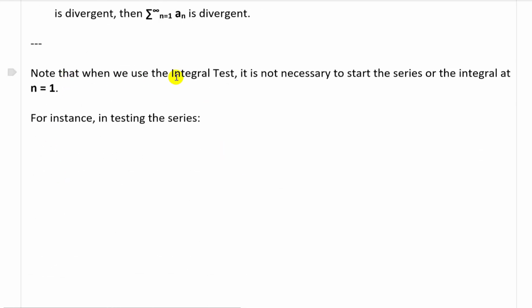Note that when we use the integral test, it is not necessary to start the series or the integral at n equals 1.